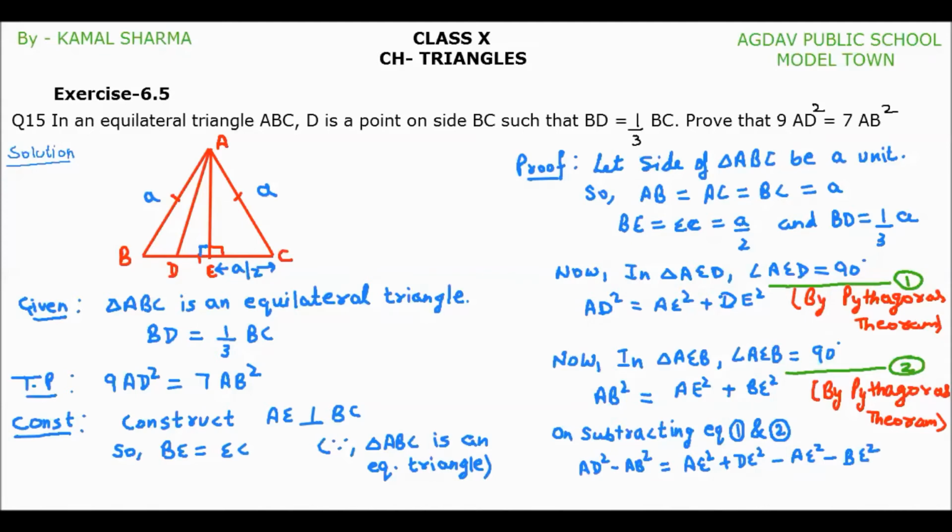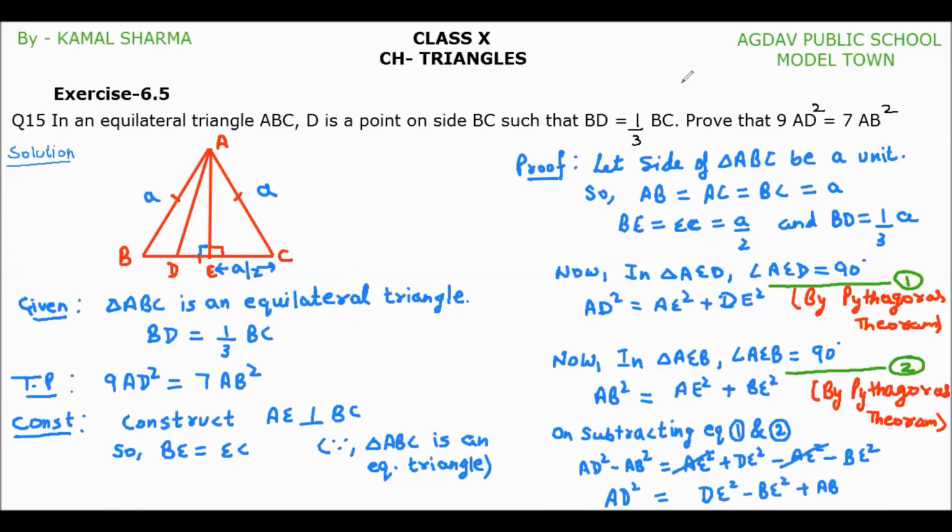Now AE square and AE square get cancelled with each other because they are opposite in sign. So what are we left with? We are left with AD square equals DE square minus BE square plus AB square.